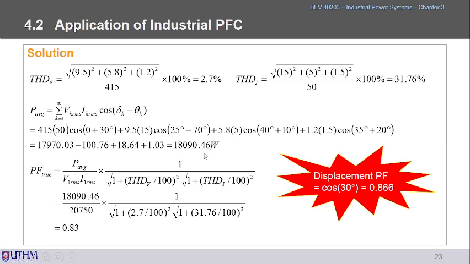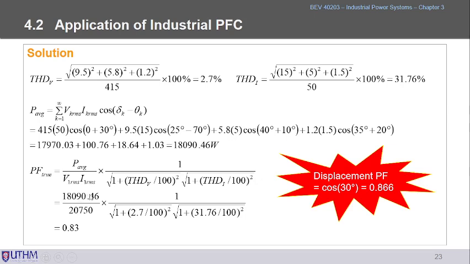Okay, 18,000 watts. And with that we can substitute in our equation just now, and we have this equation. So this is the P average, and this is the V1 RMS and I1 RMS. So this is the fundamental power, P fundamental, and this is the average P after considering the harmonic contents. So why is it lesser than this one?